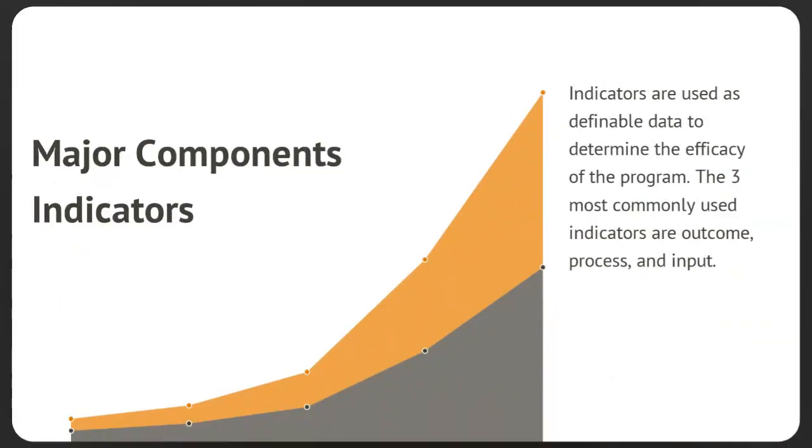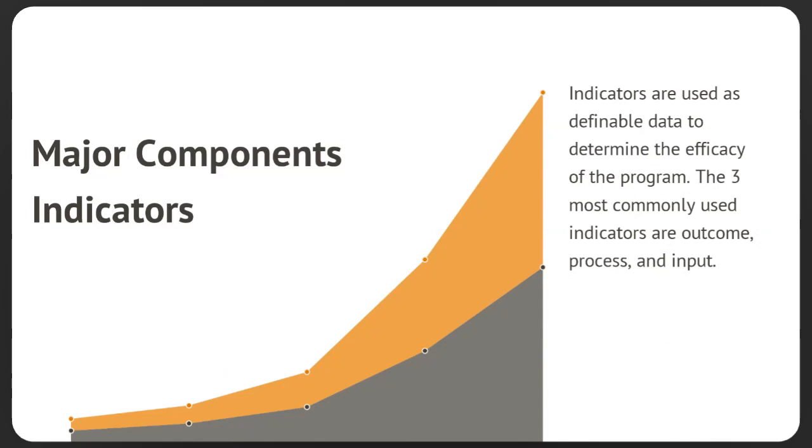Another major component is the indicators that come from this research method. Indicators are literally used to determine the efficacy of the program. These indicators are based on outcome: how good was the outcome as it relates to the intended outcome, or what is being done improperly within the program.